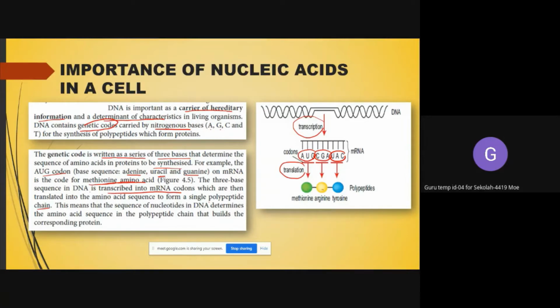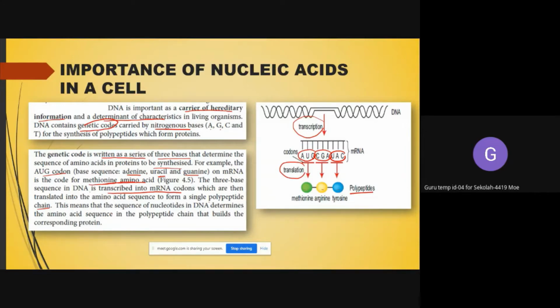Macam cikgu cakap tadi lah, AUG is the code for methionine amino acid. Semua amino acid ni akan bergabung membentuk polypeptide.